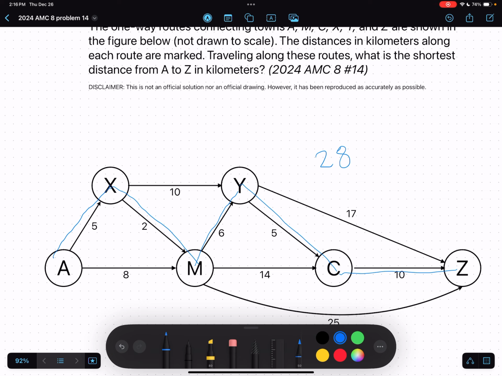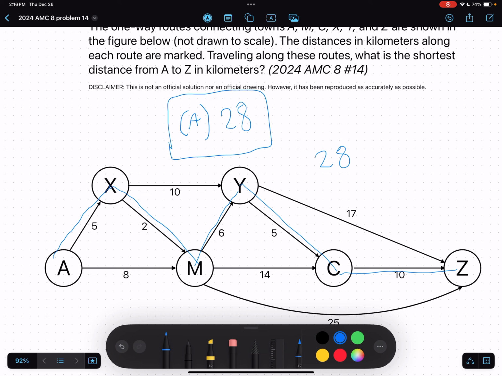It's not possible that there's going to be a smaller value, because there isn't a smaller choice. But either way, 28, choice A, is the shortest possible distance in kilometers you could go from A to Z, through A, X, M, Y, C, and Z. That's the only path that yields such a short distance.